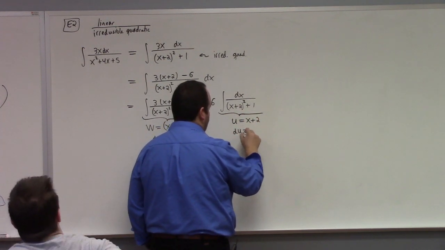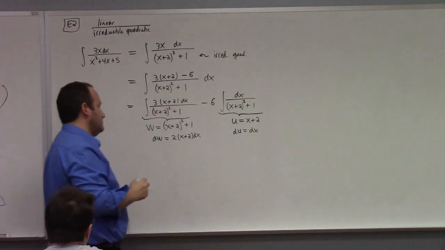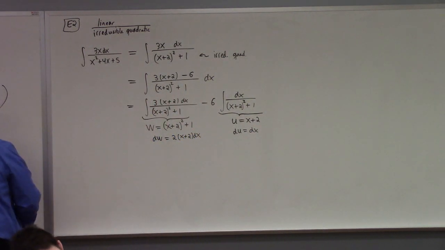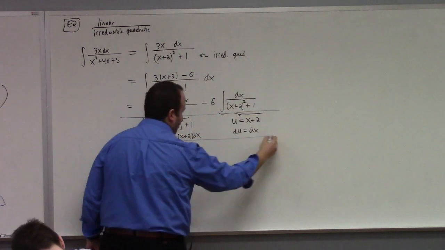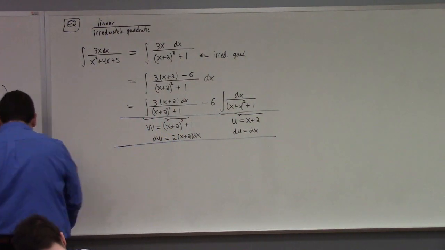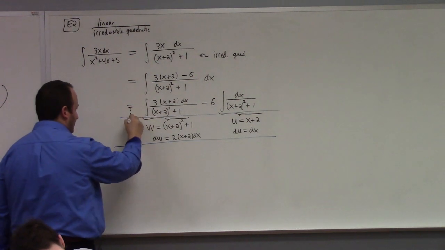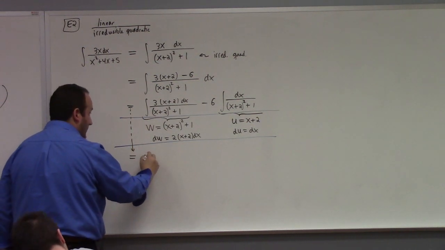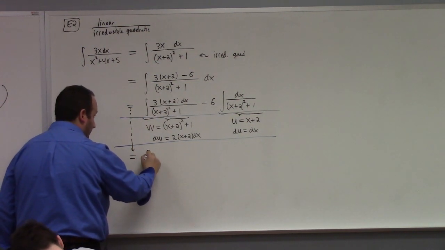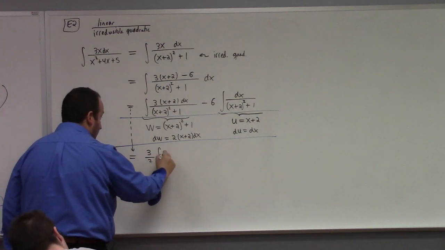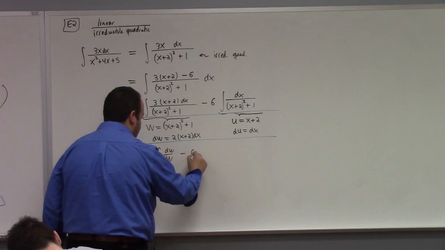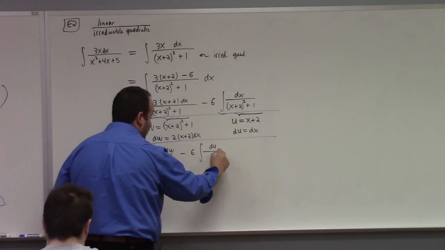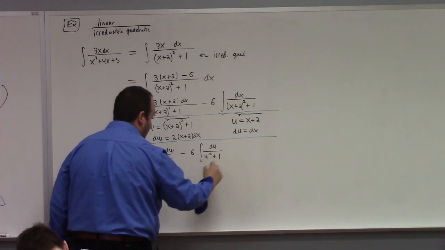Then, of course, du would be equal to dx. With those substitutions in mind, this reads: 3/2 integral of dw over w minus 6 integral of du over u squared plus 1.